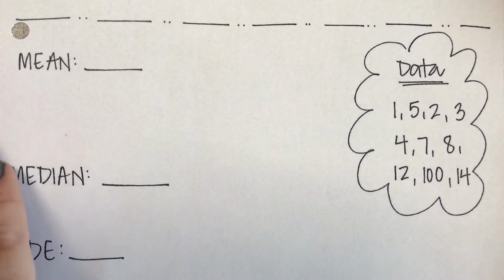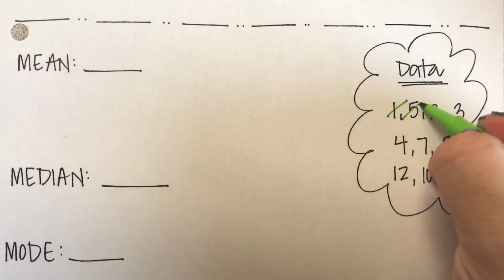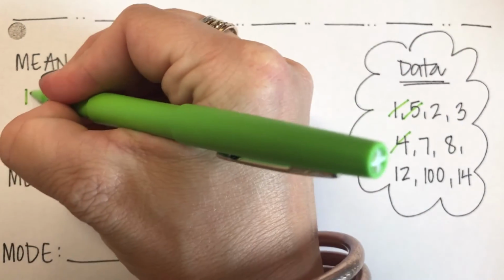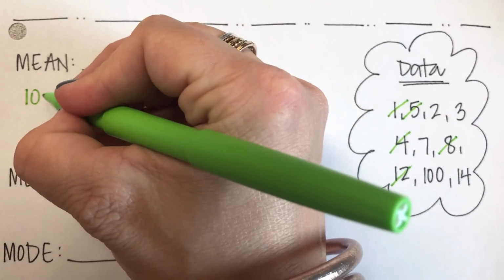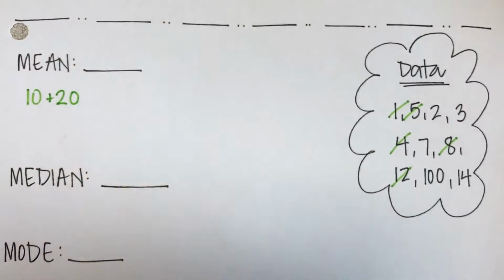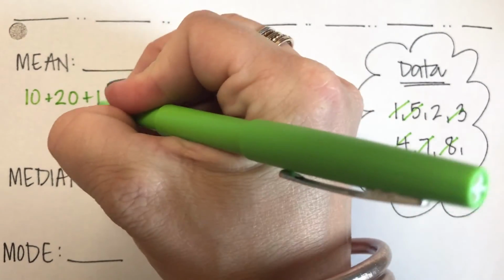Okay, so let's go ahead and add together our data set. Let's see how that goes. I am going to start with 1 plus 5 is 6 plus 4 is 10. And then 12 and 8 is 20. And then 7 and 3 is 10.